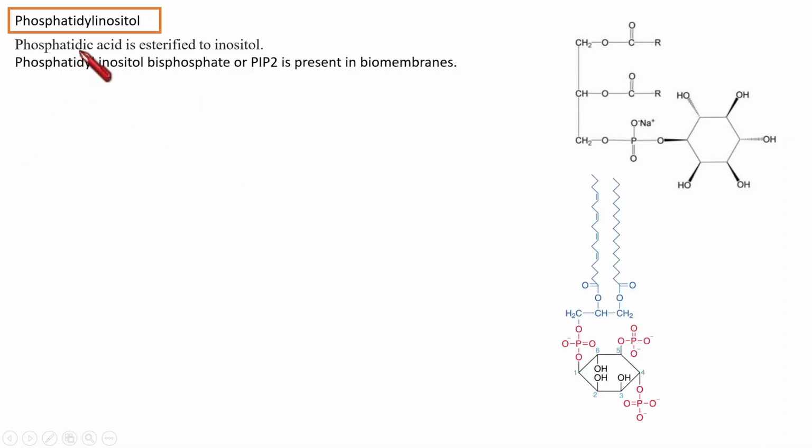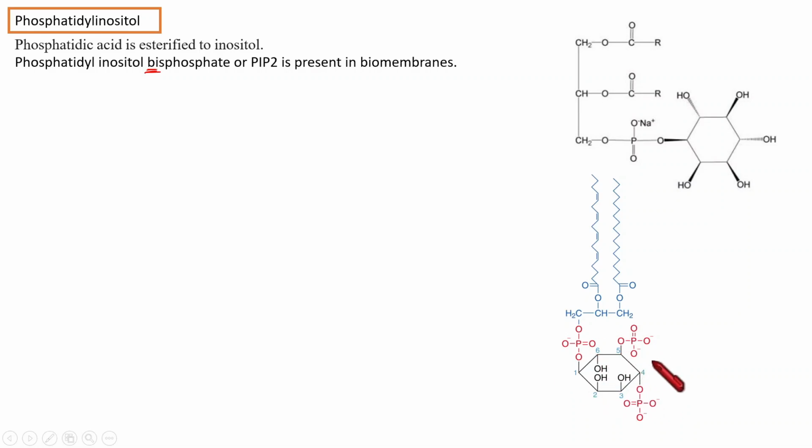Next, one more variant form is present, that is phosphatidylinositol bisphosphate. Listen to that: bis means two phosphate groups. Here this is the structure. Two phosphate groups are attached to the fifth and fourth carbon of this inositol ring.